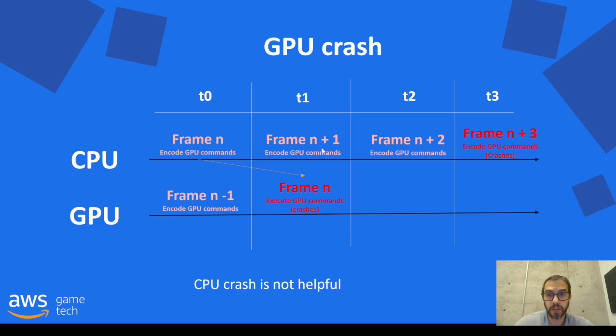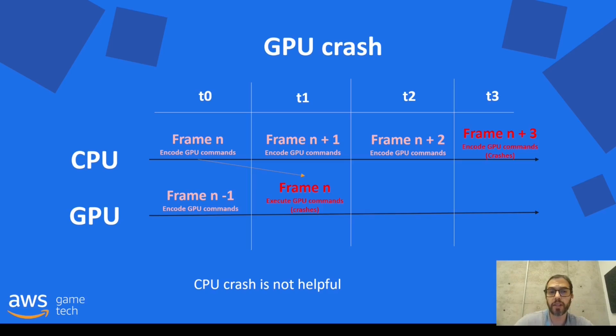Because we have triple buffering, the CPU will continue encoding GPU commands, and when it's 3 frames ahead, it will wait for the GPU to signal back and say, hey, I'm done with the work for frame n. Because the GPU has crashed, the CPU essentially gets hung because it gets a device lost error message, and it can't proceed anymore.